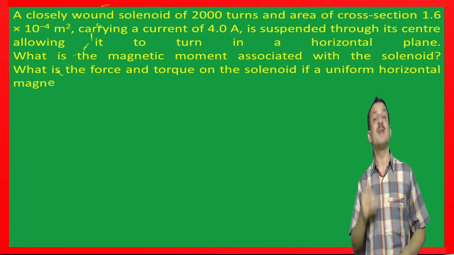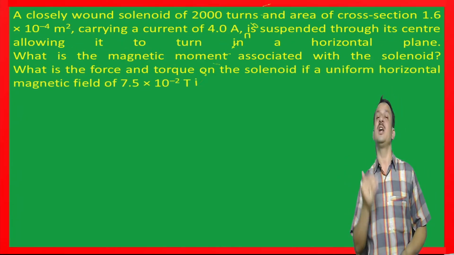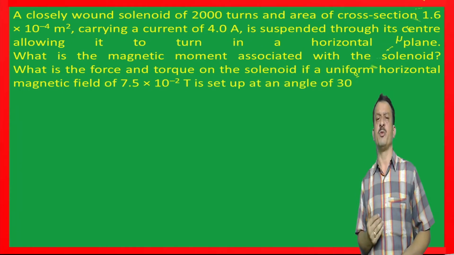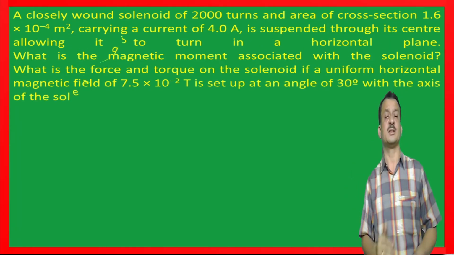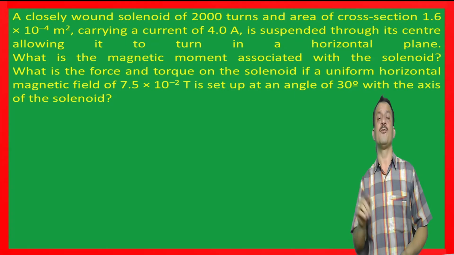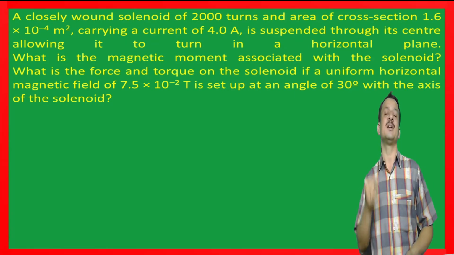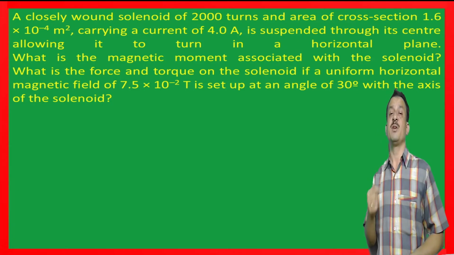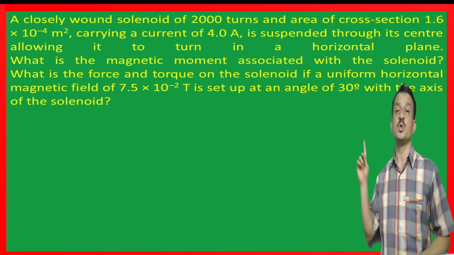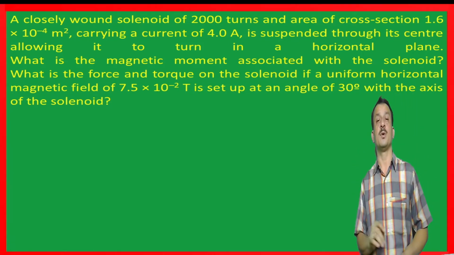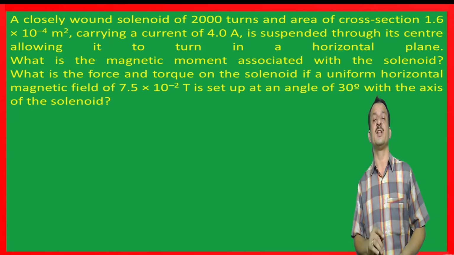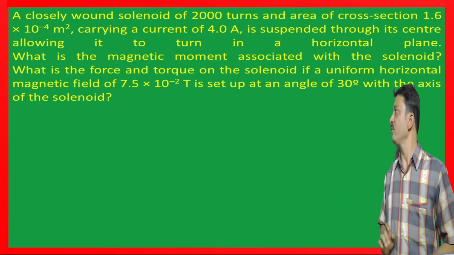What is the magnetic moment associated with the solenoid? And what is the force and torque on the solenoid if a uniform horizontal magnetic field of 7.5 into 10 to the power of minus 2 Tesla is set up at an angle of 30 degree with the axis of the solenoid? Very simple problem.